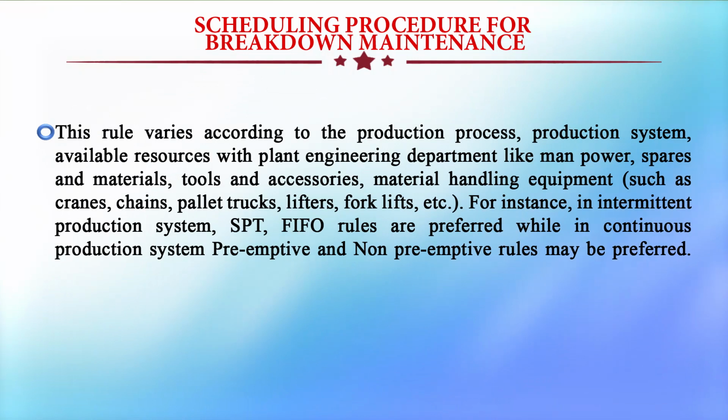This rule varies according to the production processes, production system, and available resources with the plant engineering department like manpower, spares and materials, tools, accessories, material handling equipment such as cranes, chains, pallet trucks, lifts, forklifts, etc. For instance, in an intermittent production system, SPT and FIFO rules are preferred, while in a continuous production system, preemptive and non-preemptive rules may be preferred.